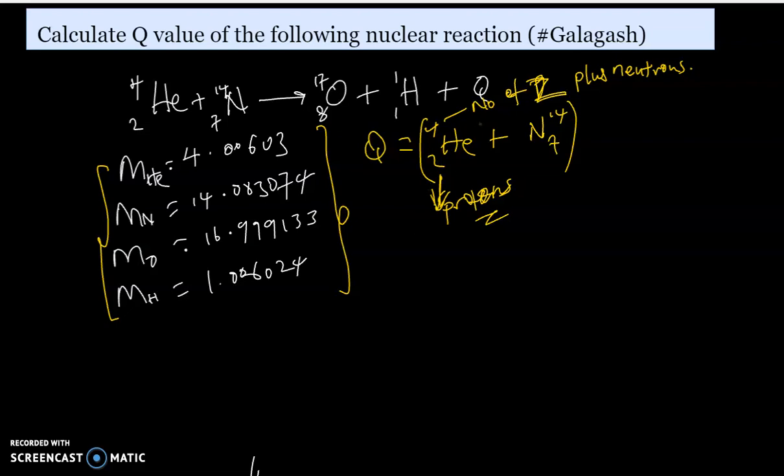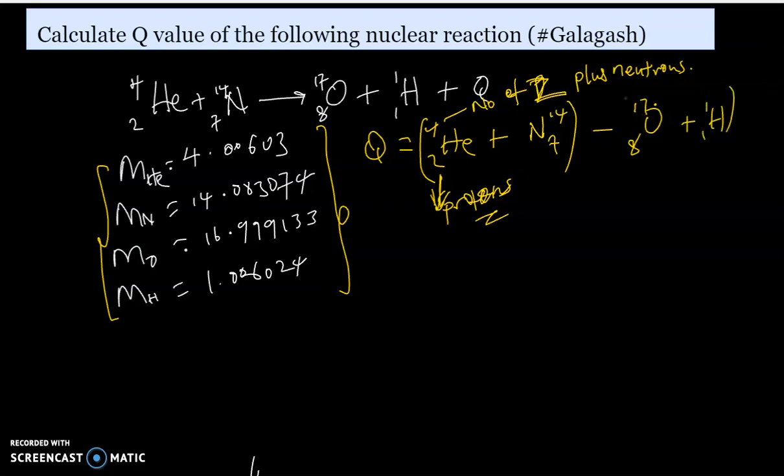So this is how to calculate the Q value. Q equals helium plus nitrogen, minus oxygen, which is given as 17 as the mass number and 8 as atomic number, plus hydrogen, 1.